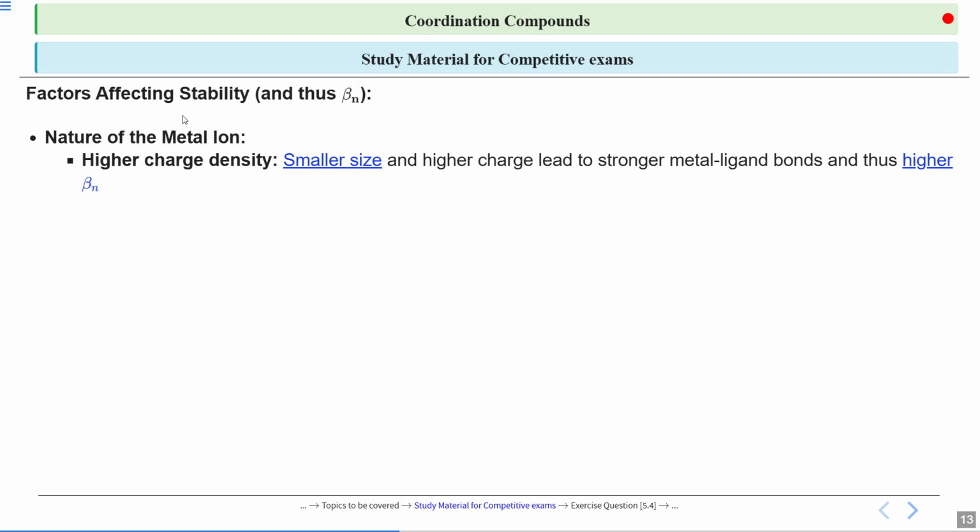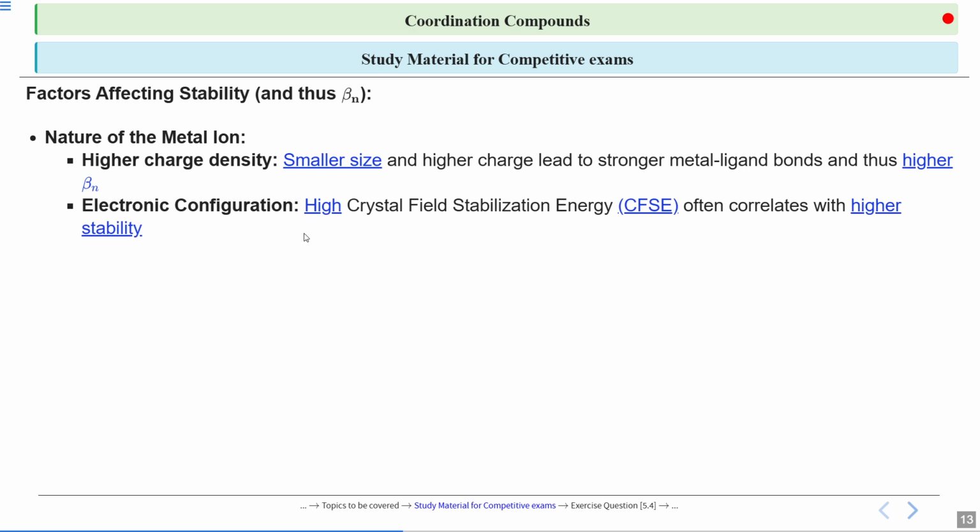So if our metal ion has higher charge density and smaller size, that leads to a stronger metal-ligand bond forming between the metal and ligand, and thus it stabilizes our complex, and the overall stabilization factor, beta n, will be higher.